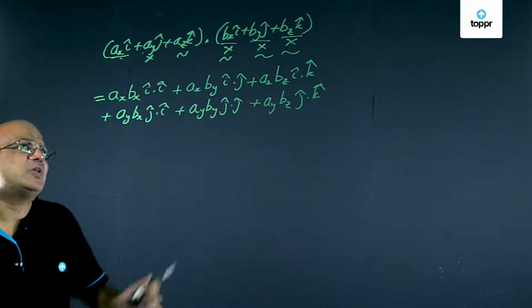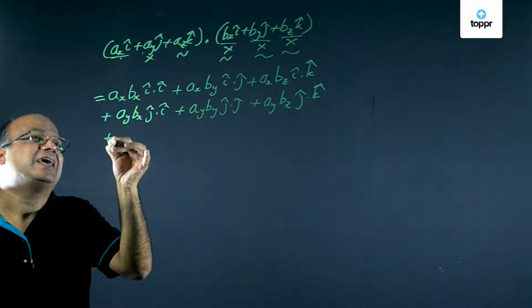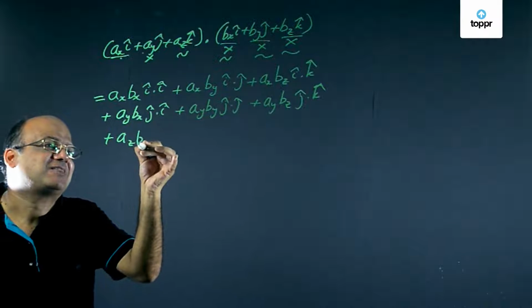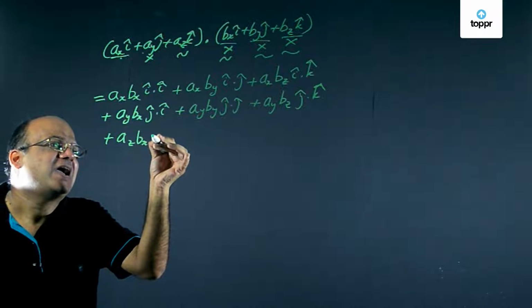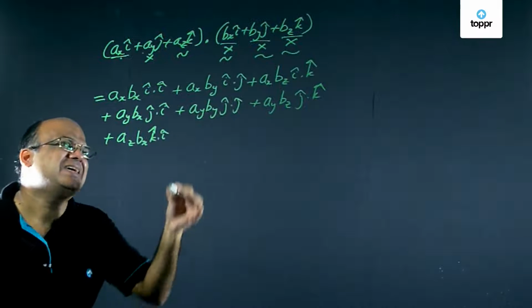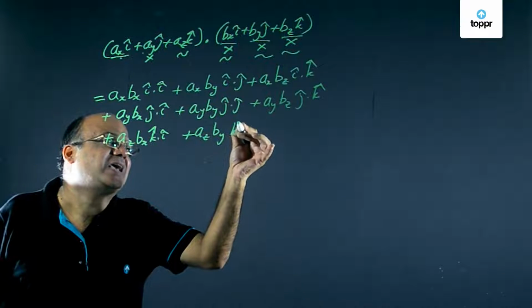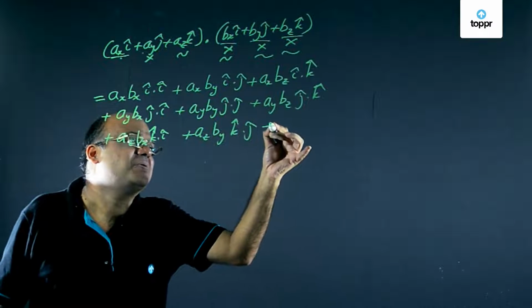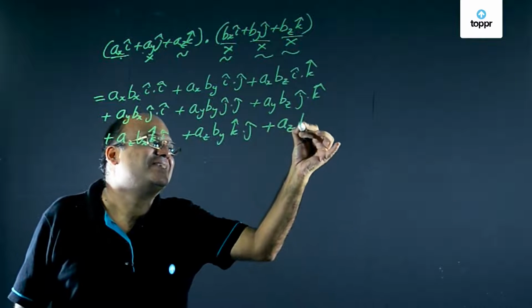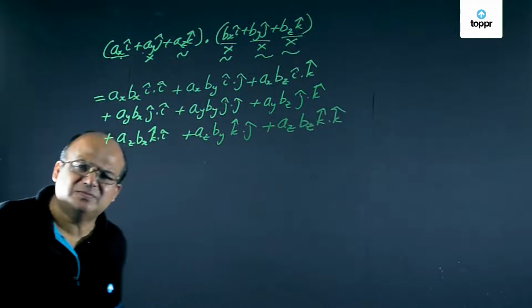And finally, we'll multiply this with each of these. So what will we get? Az Bx k cap dot i cap, Az By k cap dot j cap, and finally Az Bz k cap dot k cap.